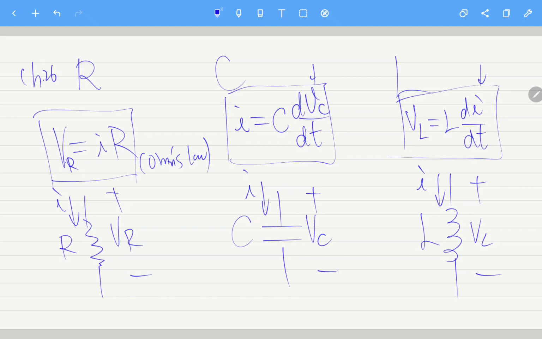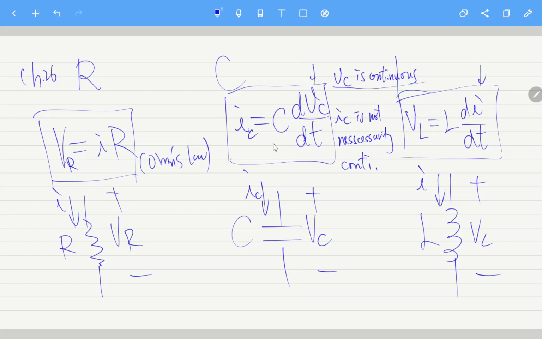One thing we can remember is that for the potential difference of a capacitor, V_C is continuous. V_C is continuous. Maybe I can call it I_C. I_C is not necessarily continuous.